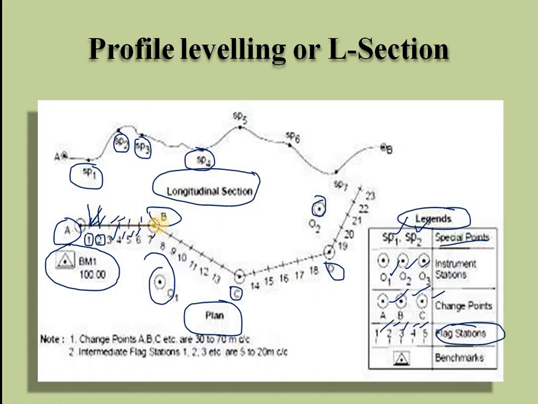These are all the points. And again coming to the 7th point, that is the change station point, we keep the instrument here and we will be seeing the 8th point, 9th point, 10, 11, 12 and 13.